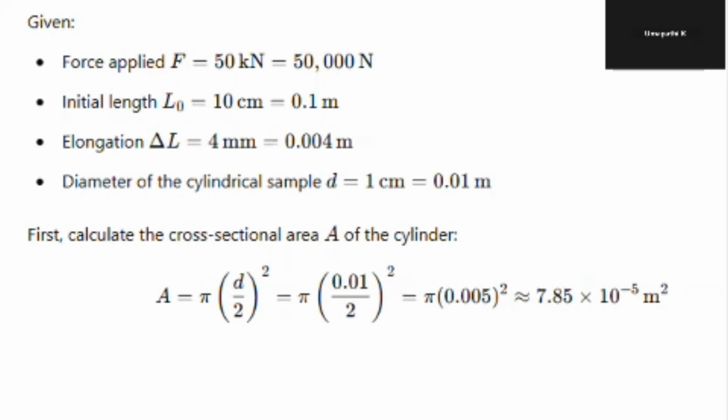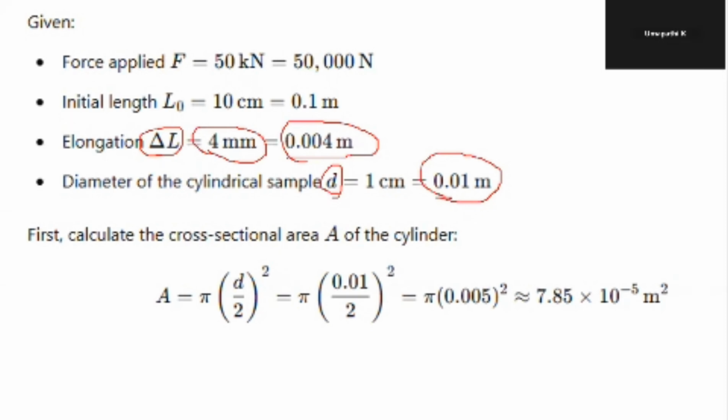Then the elongation, delta L, the change in length, is 4 mm, which is 0.004 meter. The diameter of the cylindrical sample, small d, is 1 centimeter, which is 0.01 meter.